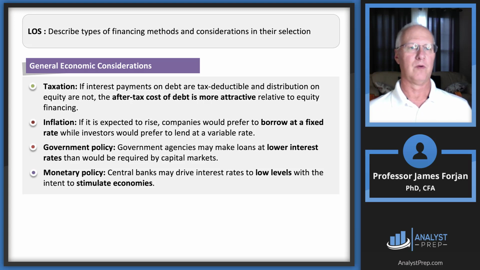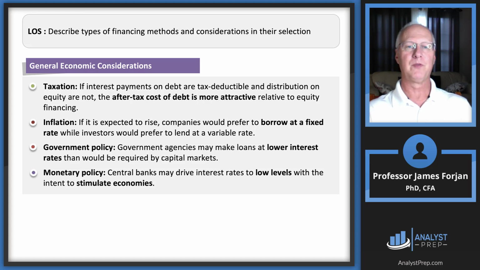How about switching over to general economic considerations? So, of course, you would think that taxation would play a primary role here. And that's why individuals and businesses and large corporations pay particular attention to Congress and their notions about taxes and tax rates and tax policy.